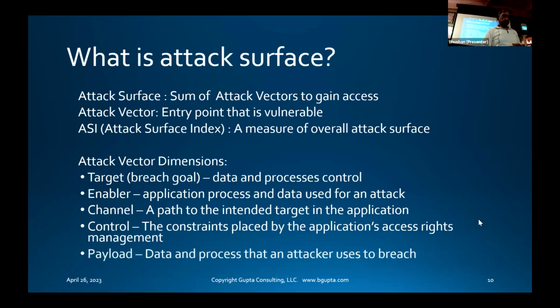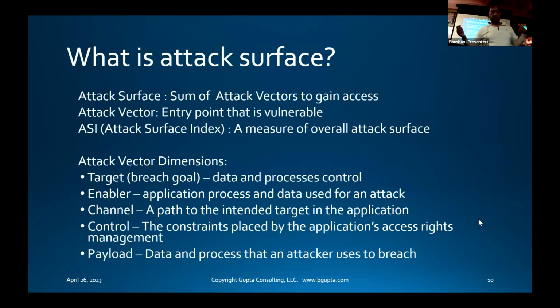And then payload. What are we going to use to attack the data or the process? We'll talk about some examples, but a simple example would be SQL injection. In a SQL injection, you're trying to get access to the system. That is your target.